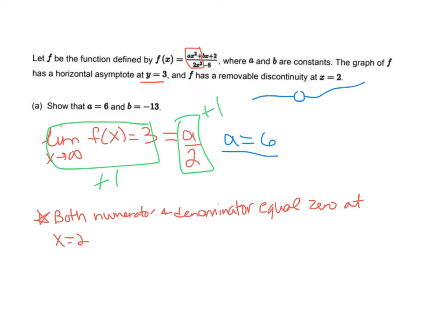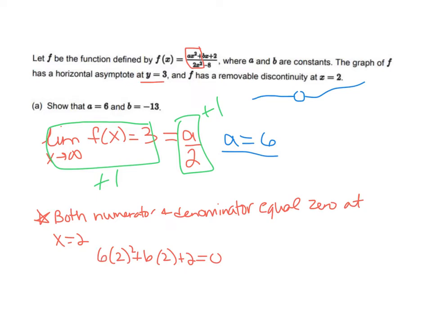We also want our numerator to be equal to 0 when x is equal to 2. So I'm going to go ahead and show that. We already verified that a was equal to 6, so we can use that. From there, you can just solve for b now.